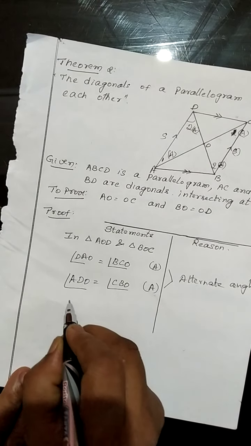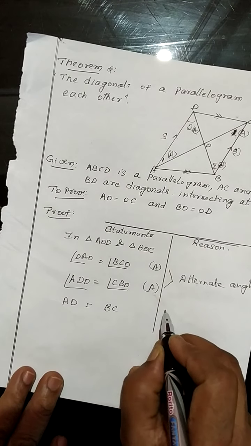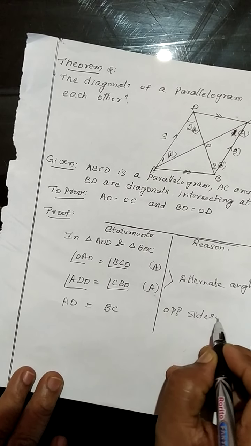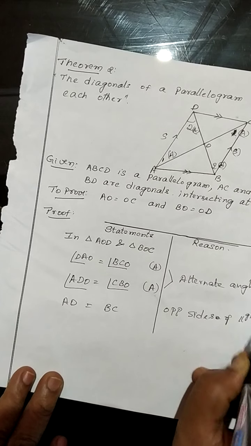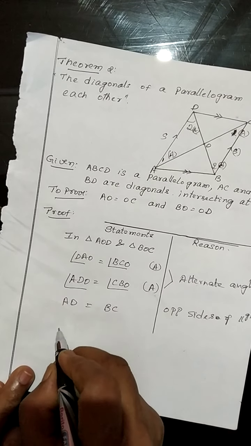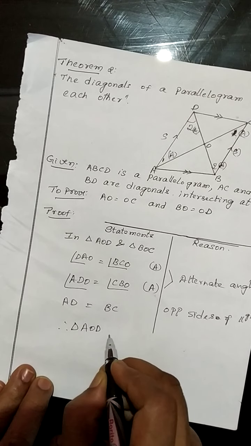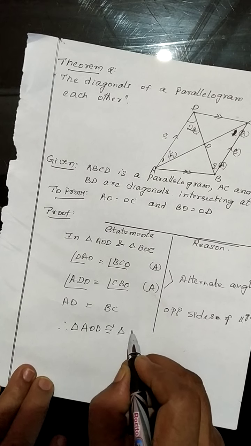Okay. Now AD equal to BC. These are opposite sides of the parallelogram. Okay. Now, therefore triangle AOD is congruent to triangle COB.